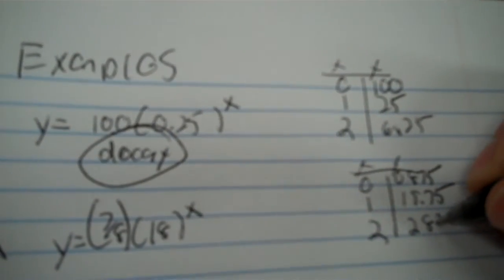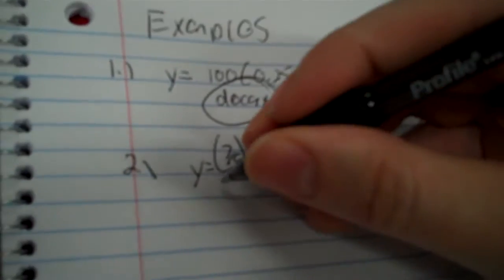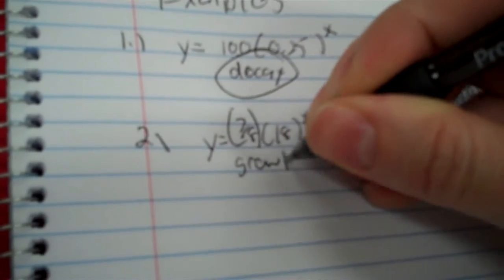And the next one, 7 divided by 8, close it. Okay, this is 18 to the power of 2. Okay, 283.75. That's obviously a growth. Okay, so that's growing.